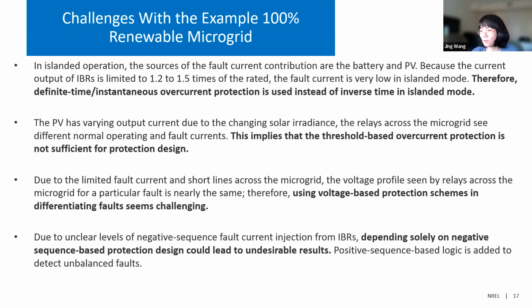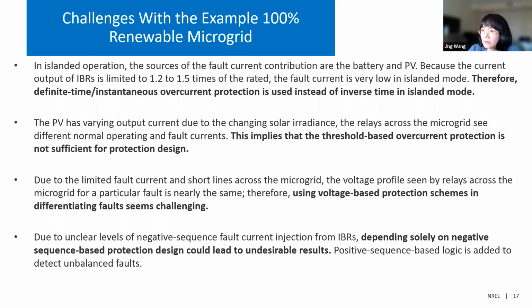Therefore, voltage-based protection alone cannot efficiently differentiate faults. And the negative sequence current is actually very changeable, and we have to add a positive sequence component to detect the unbalanced fault as well. So those are the challenges we see for the protection design with this microgrid.